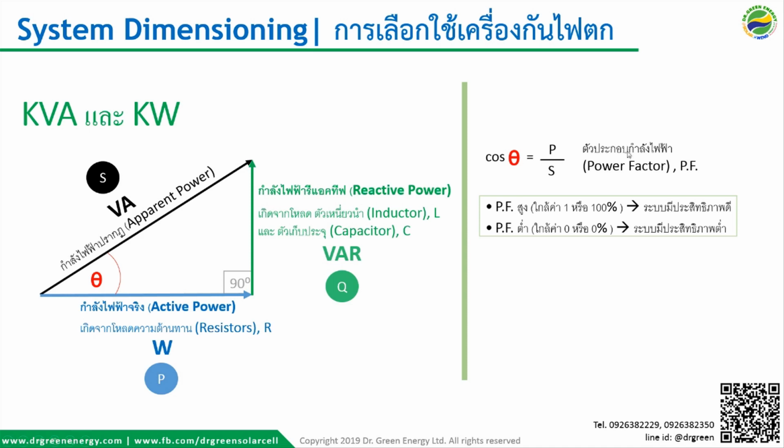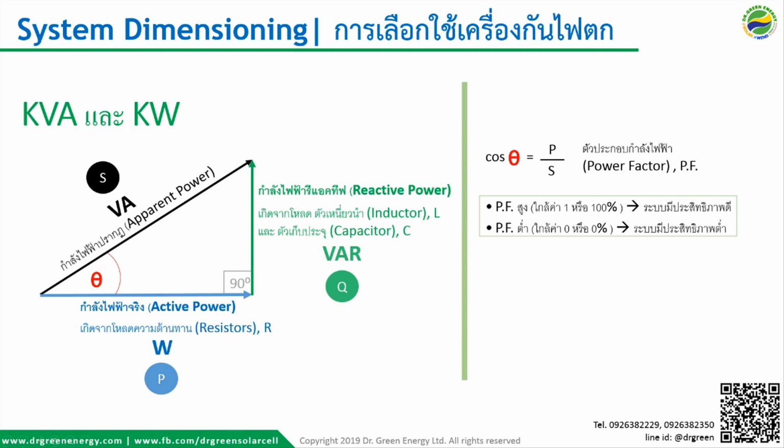So this is cos theta, because the cos is this side of the triangle divided by the S, which is the apparent power in this case. So from this page, we take the power factor, which is equal to cos theta, to discuss on the next page.